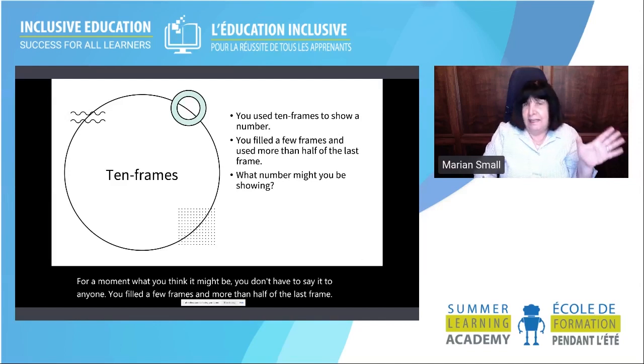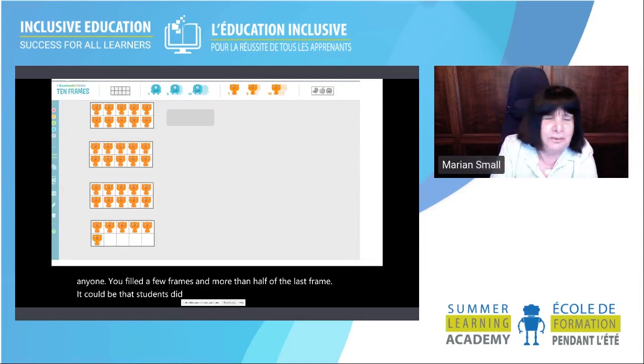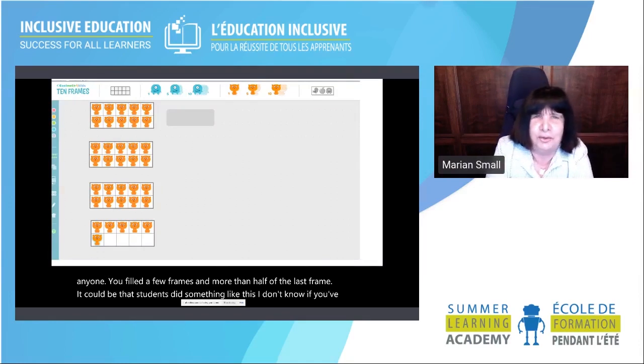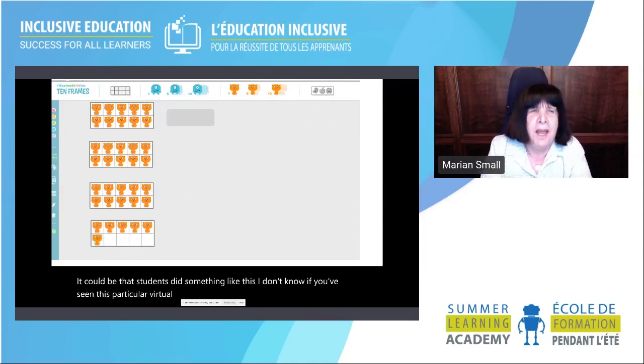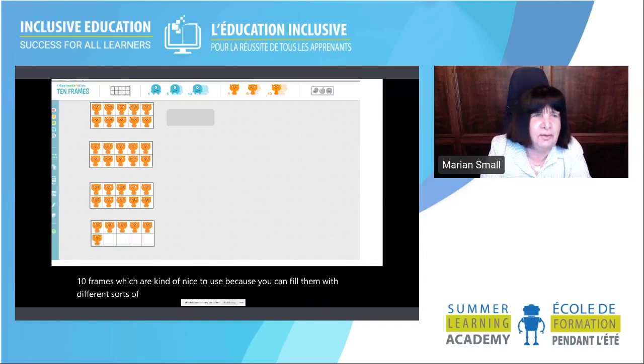So it could be that students did something like this. I don't know if you've seen this particular virtual manipulative before. Cool Math for Kids has 10 frames, which are kind of nice to use because you can fill them with different sorts of creatures. You can see that I've used a little cat, but there are little monsters and birds and apples and so on.